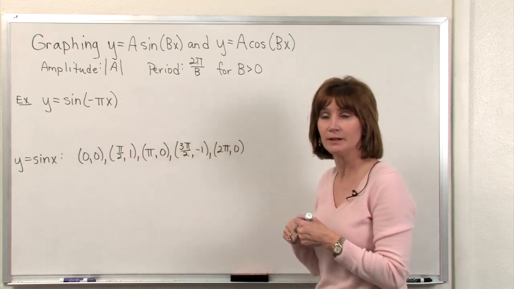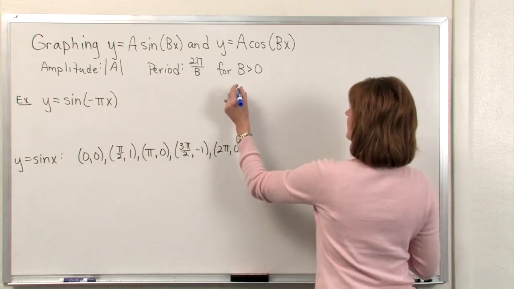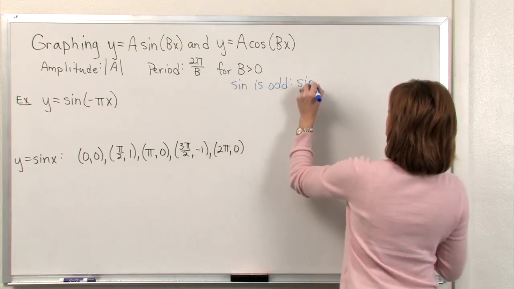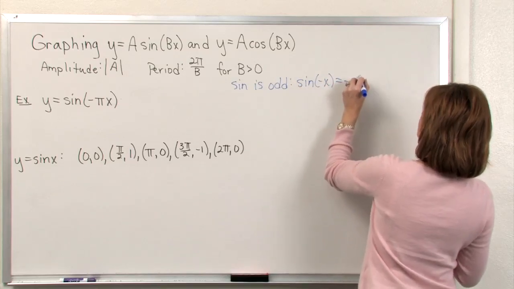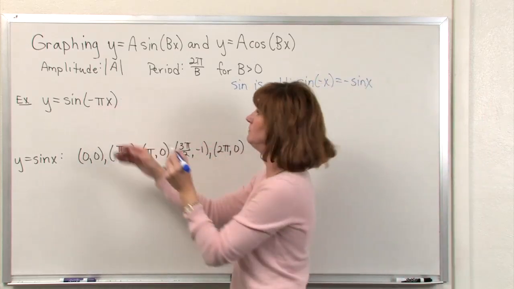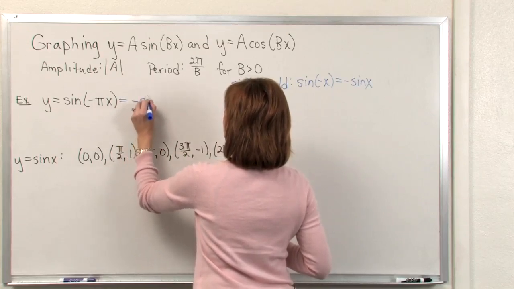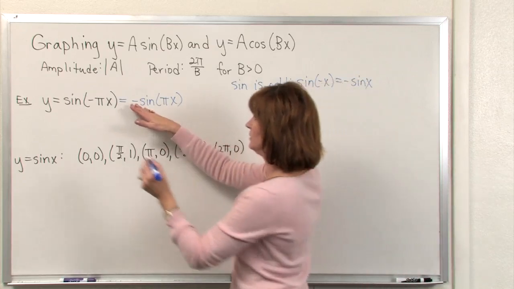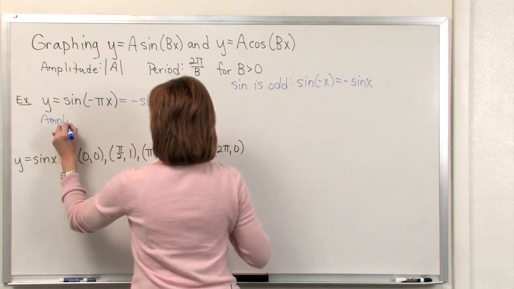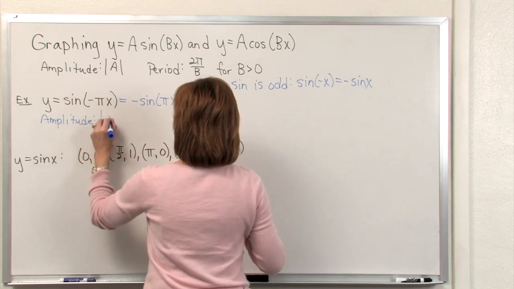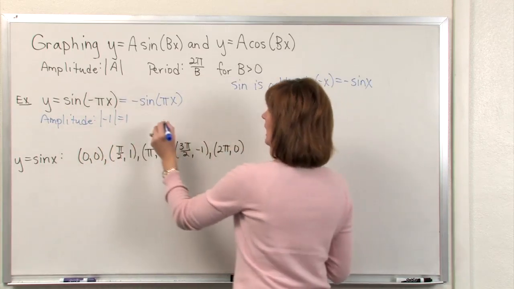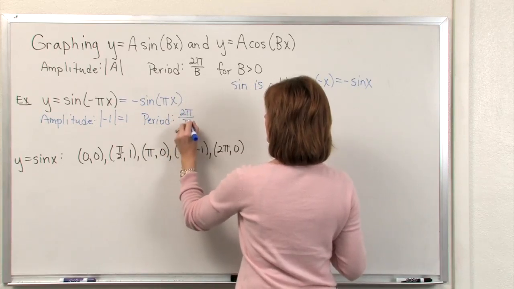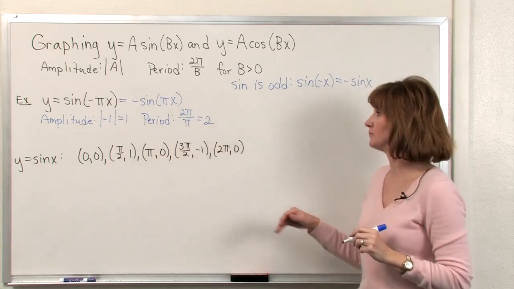Well, we have to remember that the sine function is odd, and that means that the sine of negative x is the opposite of the sine of x, so we can rewrite this function as negative sine of pi x. Now we can find our amplitude, which will be the absolute value of negative 1, which is 1. And our period for this function will be 2 pi divided by pi, which is 2.